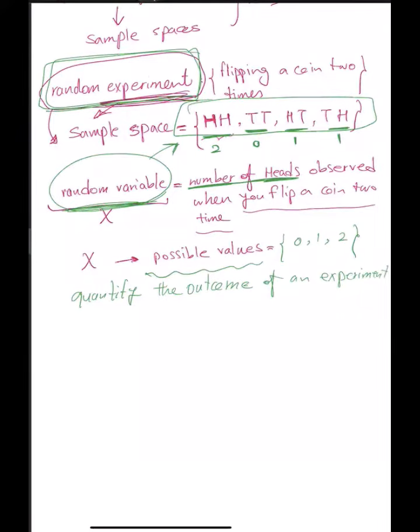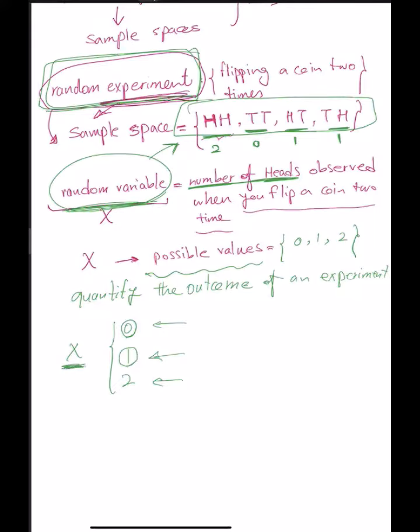Okay, so now I want to know the possible values of this random variable. The possible values are obviously 0, 1, and 2. I also want to know the probability associated with each one of them. What is the probability that the random variable takes value of 0? Of 1?